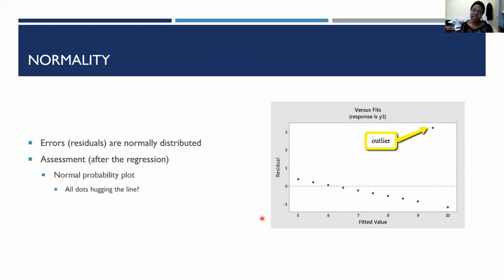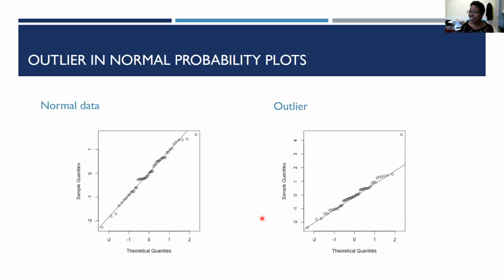And then the next plot that we're going to talk about is called a normal probability plot. And here, you're just looking for those dots to hug the line, right? What this is doing is saying if each value was where it should be perfectly on a normal curve, then it would fall along this line. And so any dots that are not falling along the line are deviating from that perfect normal curve.